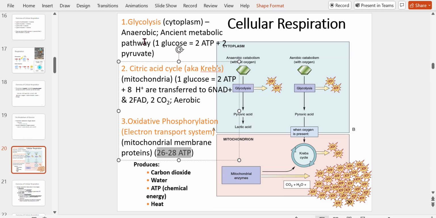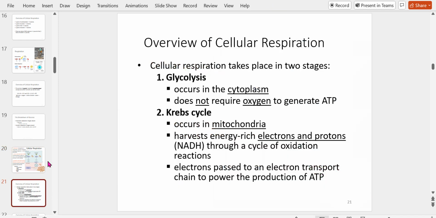Outside in the cytoplasm, inside in the mitochondria. End products: carbon dioxide, water, ATP, chemical energy, and heat. Just an overview, which we're going to go over again and again.